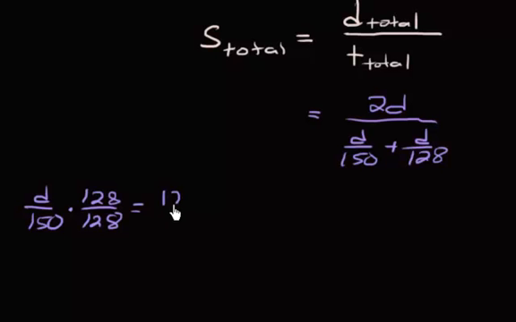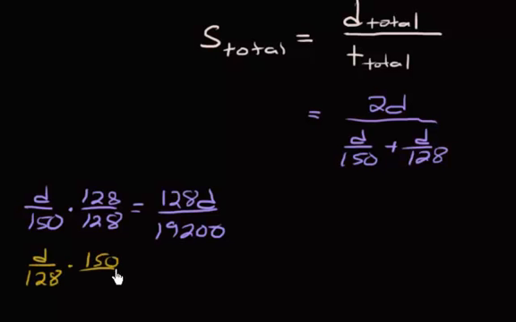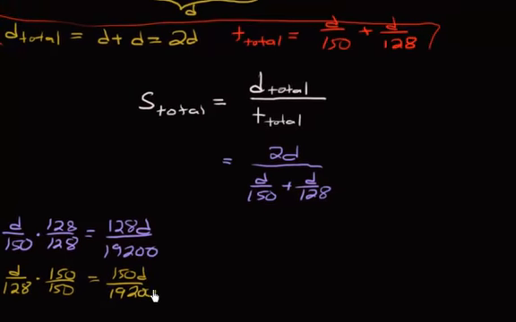So we get 128D over, and multiplying these two, we get 19,200. If we do it again with the second one, we have D over 128. We multiply by 150 over 150, because this one has the 150, and that gives us 150D over 19,200.